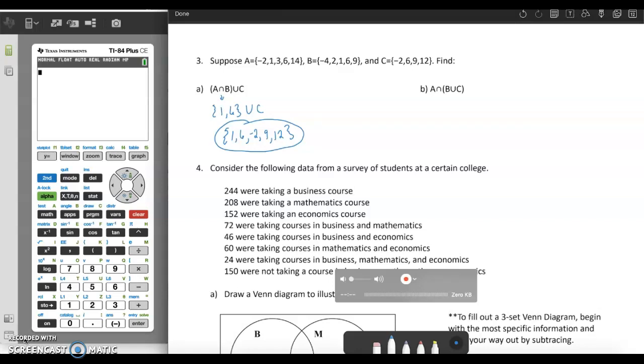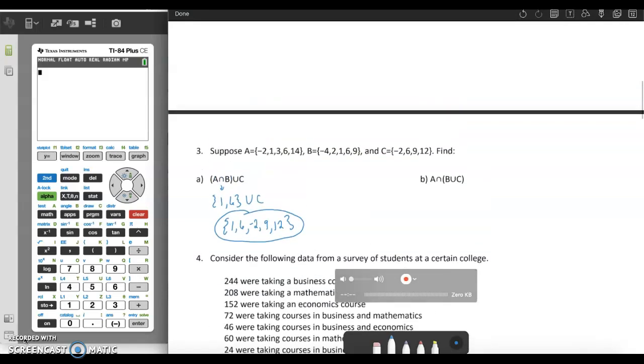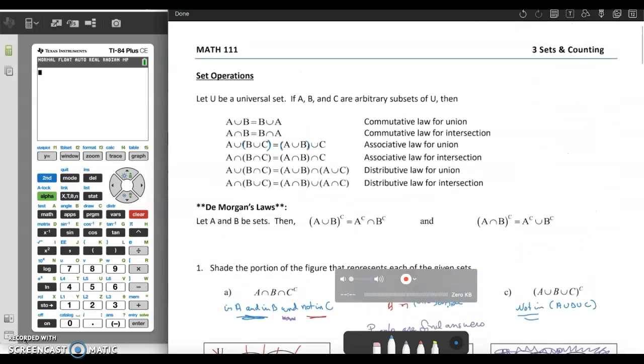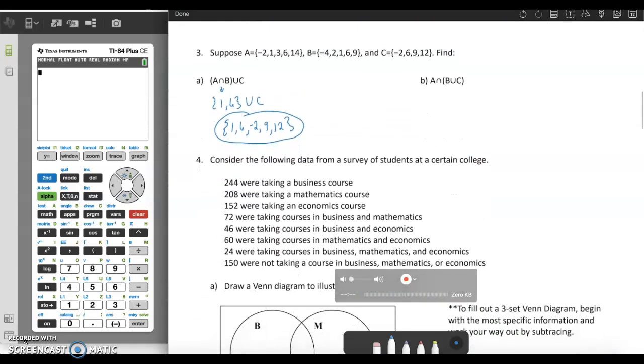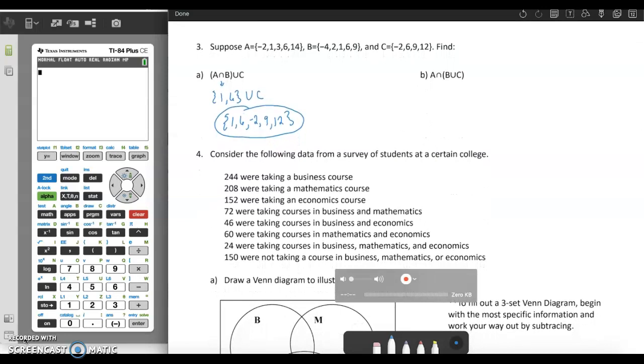Now we know that the associative property works where we can do them in any order we want, but so far, what we were shown with these associative rules is that it only works if the symbols are all the same. It only works if they're all unions or if they're all intersections. So what we're trying to see right now is, can we just move the parentheses if we have two different symbols going on? Is that the case?